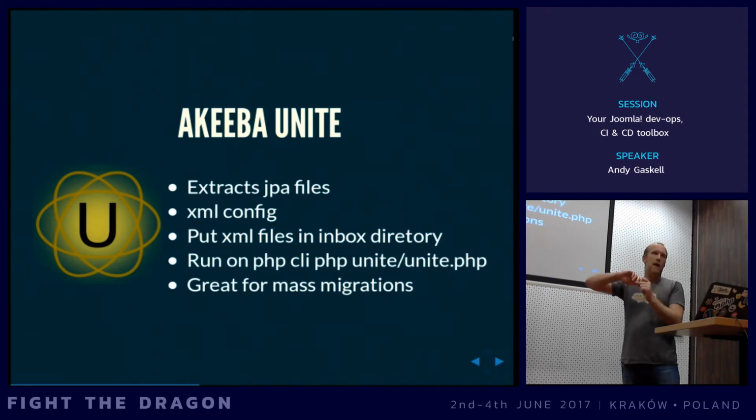So if you've got your 200 sites, you write a quick XML file for each one, put the JPA in the directory too, and kick it off, and it will work through extracting each one. Is it like a mass Kickstarter? Yeah, exactly.